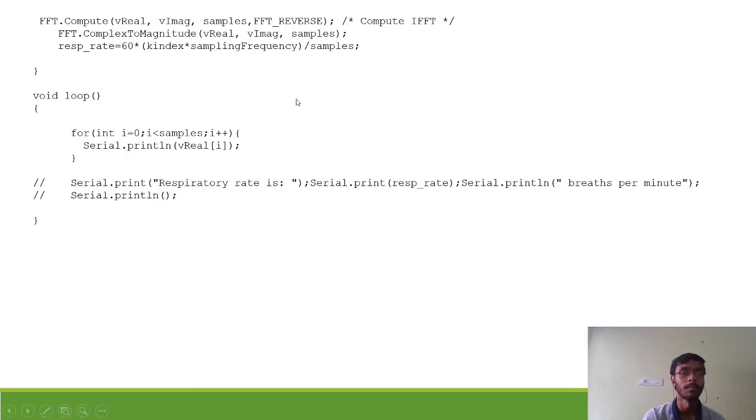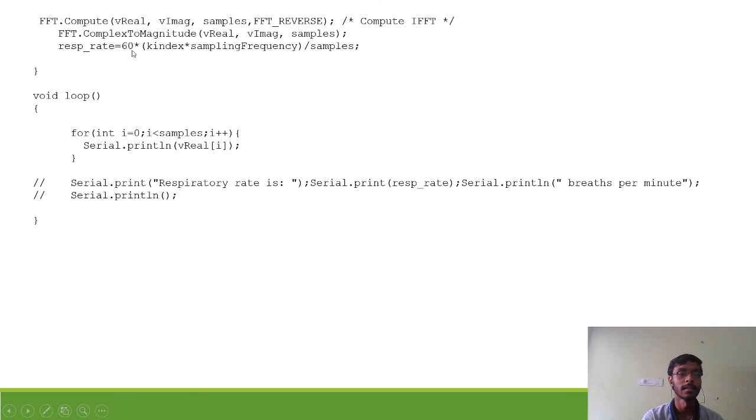After that, we are computing the FFT reverse. See the difference here: we are giving V real, V imaginary, samples and FFT_reverse. Now in the time domain, we will get both real and imaginary parts, so we need to do complex to magnitude again: FFT complex to magnitude, V real, V imaginary, samples.